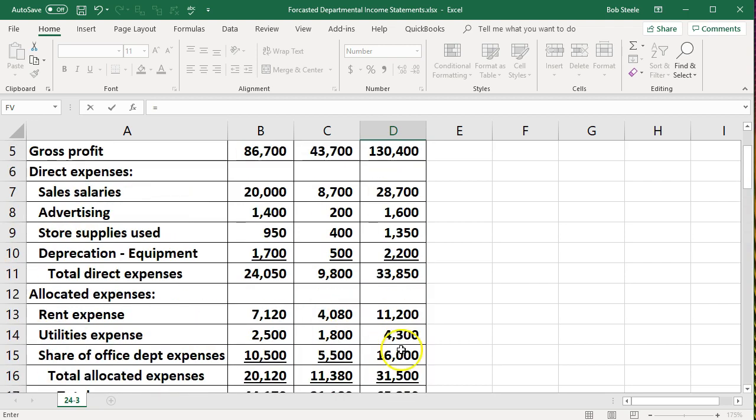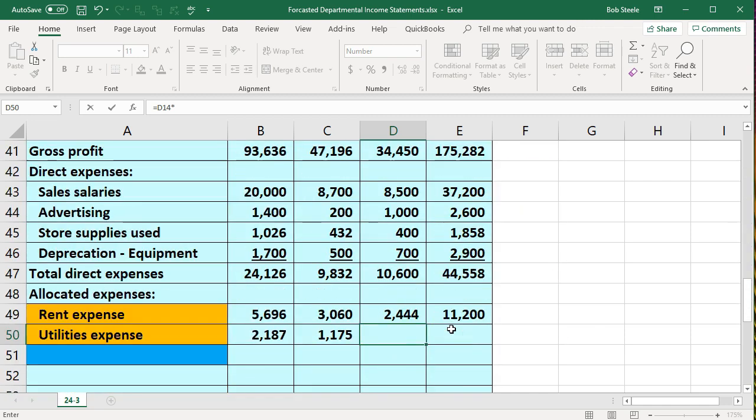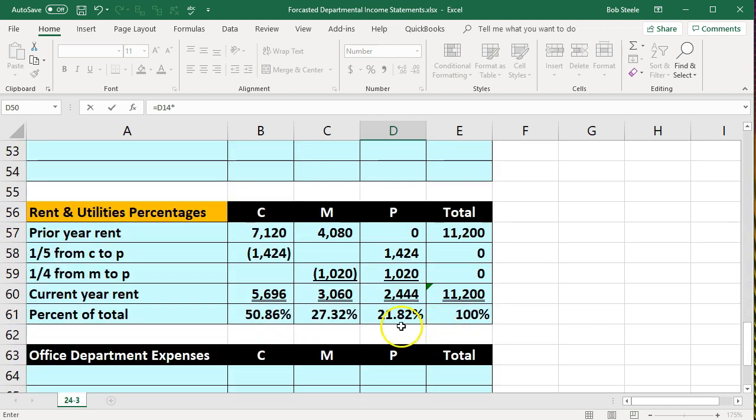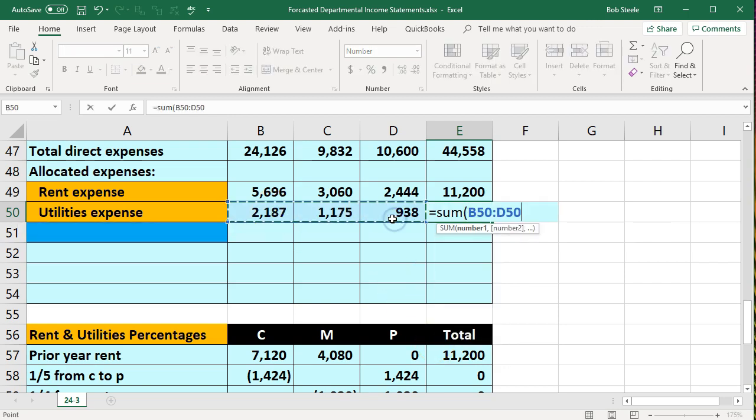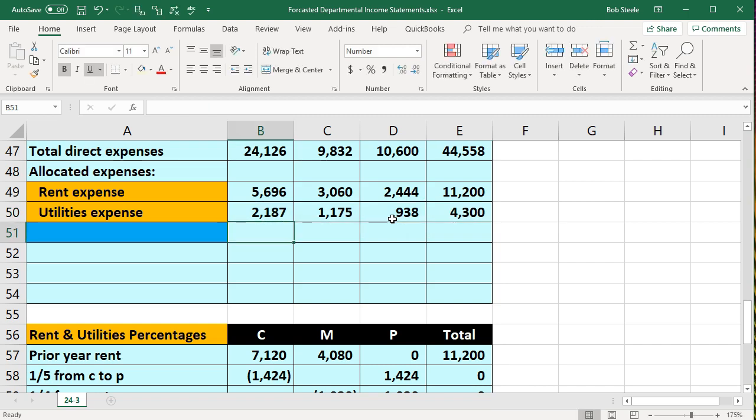So we're going to say utilities 4,300 times, scroll back down, and we're going to pick up the 2182 tab. And then we'll go ahead and sum this up. So we'll say equals the sum of these three items and enter. So that's going to be the 4,300 that we'll allocate in accordance with those ratios.